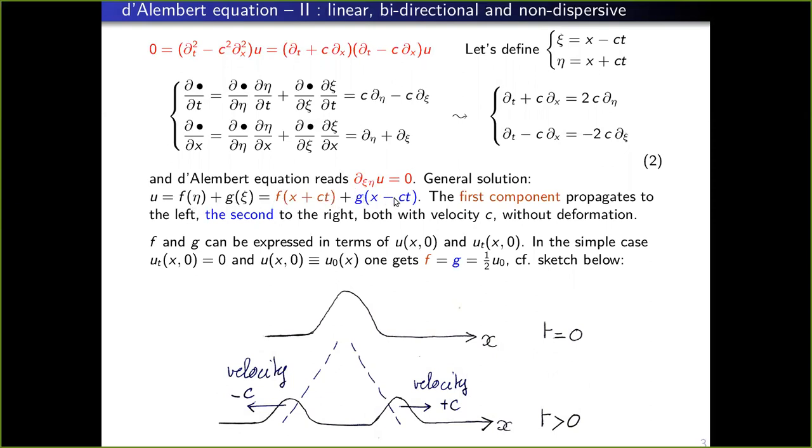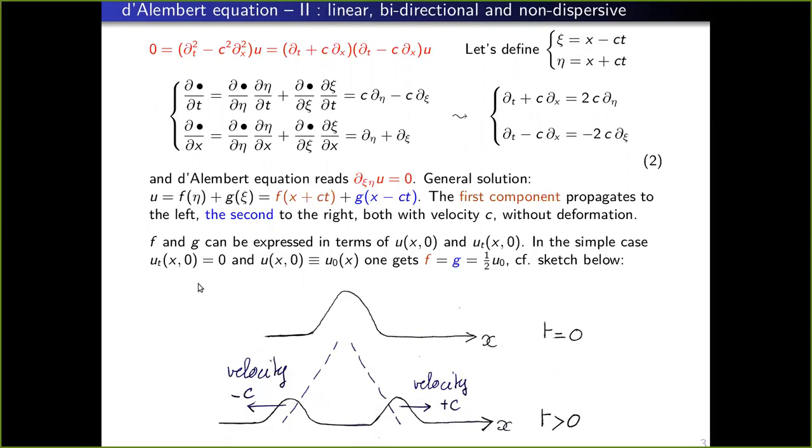And the first brown component, f, propagates to the left with the velocity c. Instead, the blue one, the second one, propagates to the right, again with velocity c, in the opposite direction, and both without deformation. These two guys, they don't change the shape.